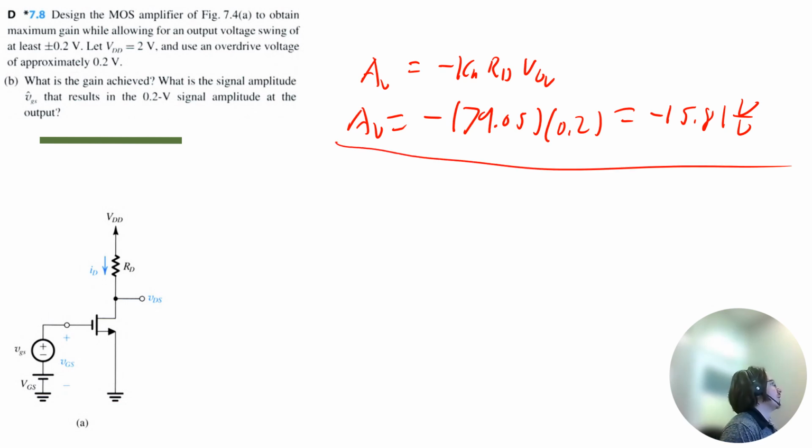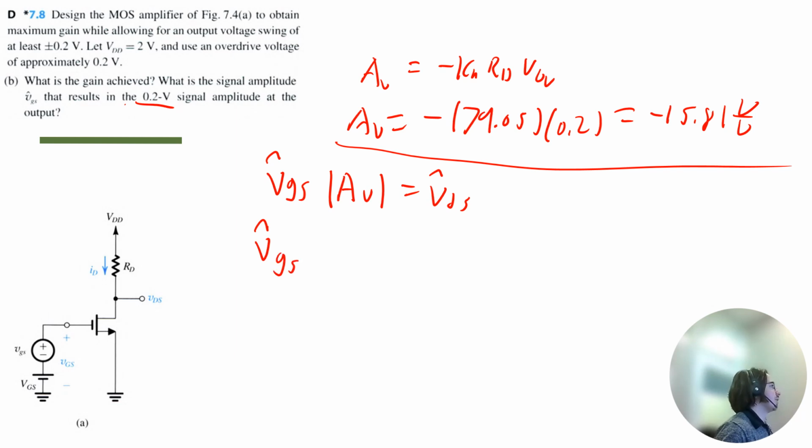What is the signal amplitude, VGS, that results in the 0.2 signal amplitude at the output? Okay, so basically if I took my input signal amplitude, VGS, and I multiply that by the absolute value of my gain, then I'm going to get my output signal amplitude, VDS, which we know is 0.2 volts.